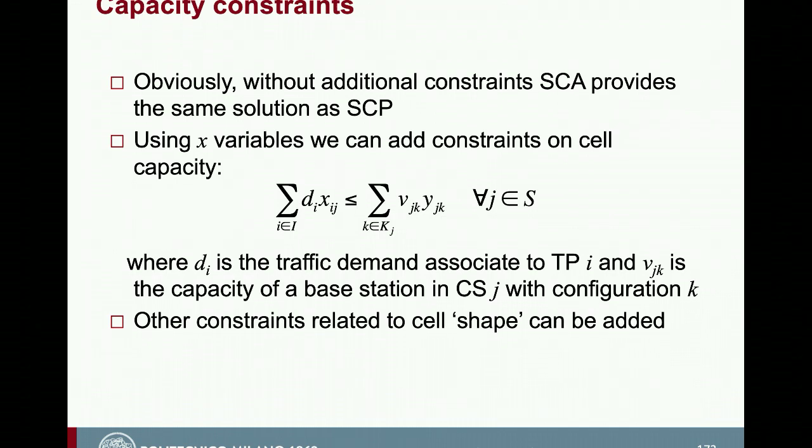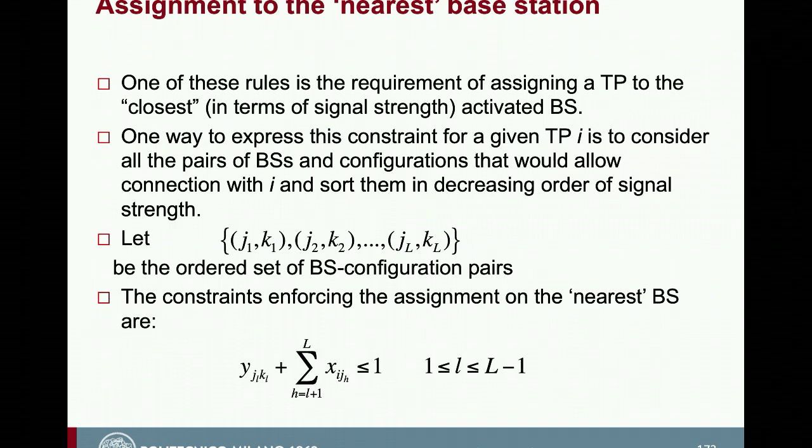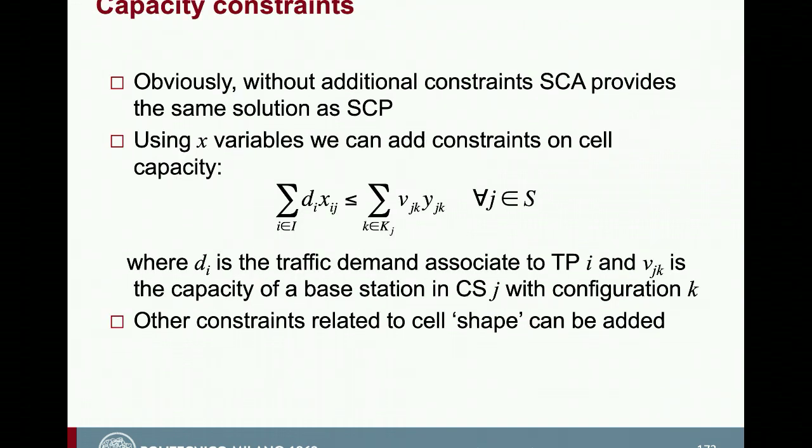So the total capacity of the base station can be, of course, defined depending on the technology, depending on the specific characteristics of the base station.